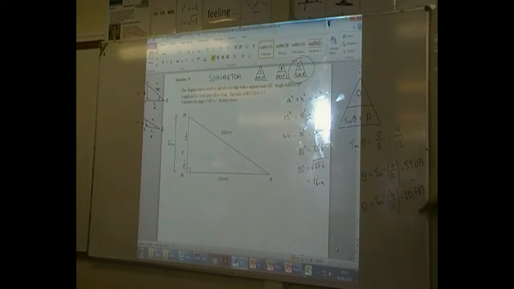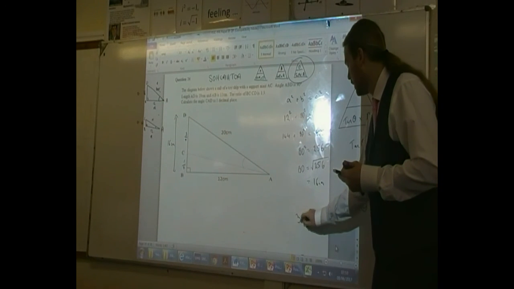And then if I subtract those two angles, that will give me the angle we're trying to work out. So 59.033, take away 20.483, and it leaves me with 38.5497. And I want it to one decimal place, I'm going to cut it off there, 38.5 degrees.